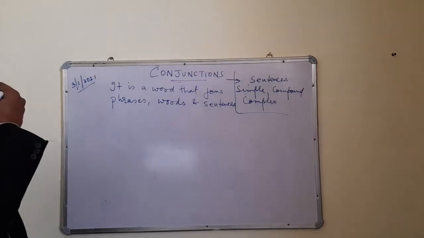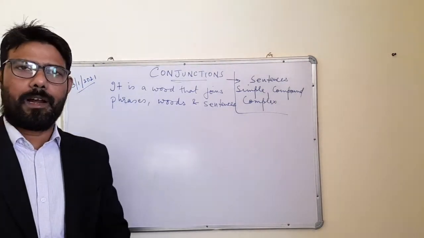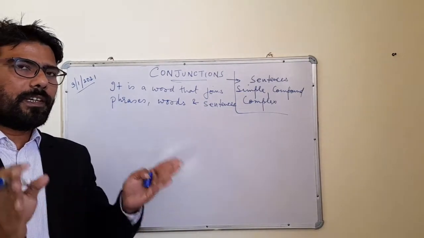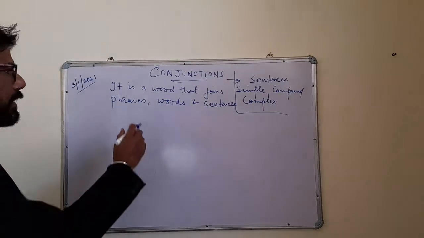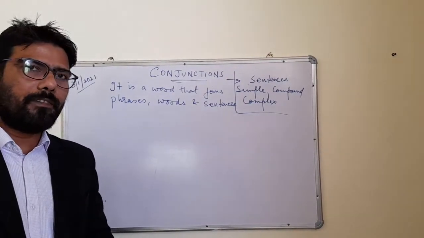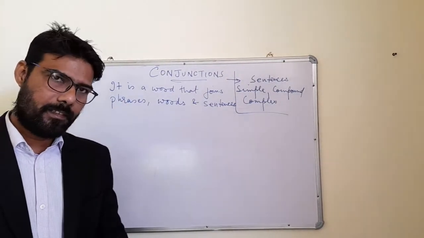Now coming to the next part of the chapter, that is, conjunctions are of different types. Now children, there are actually 5 types of conjunctions, but what we are going to deal with is only 3, right?